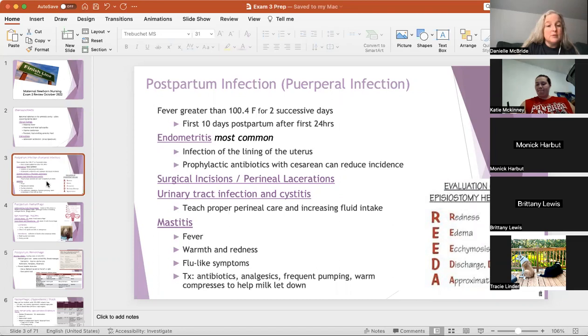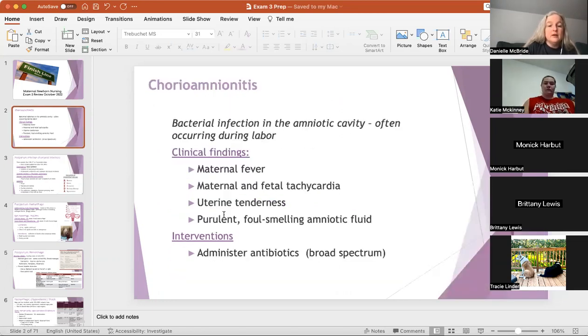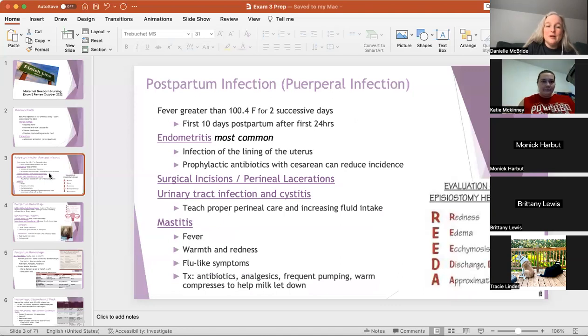What signs and symptoms do I see of endometritis? You remember what our signs and symptoms were here? Guess what? Similar. Uterine tenderness, foul smelling discharge, fever. Okay, the baby's not tachycardic in this one because now the baby's out, but mom can still be tachycardic too.